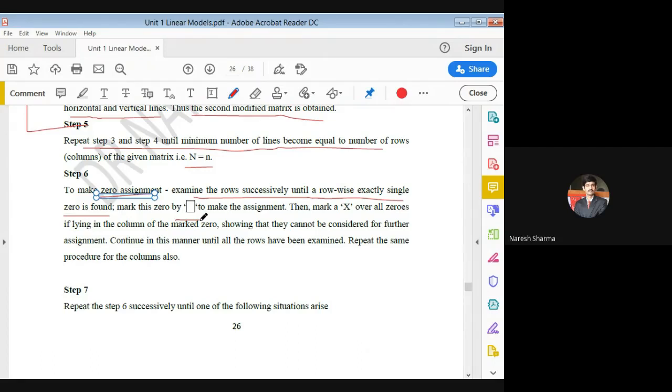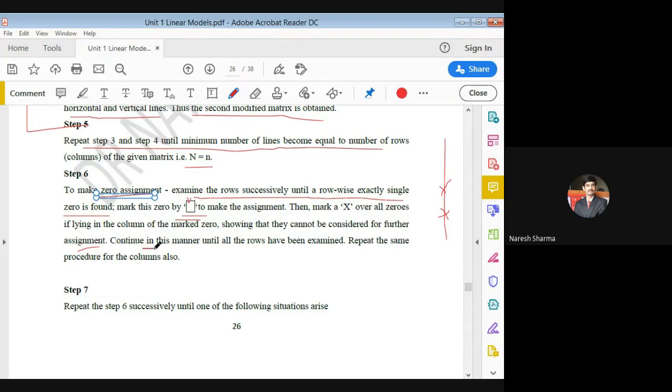Until you get a single zero in a row. Once you get the single zero, mark this zero by a box, then mark a cross over all zeros lying in the column of the marked zero. So where you mark this box, check the corresponding column, and if there is any zero, just cross those zeros, showing that they cannot be assigned further, because in each row and column we have only one assignment.